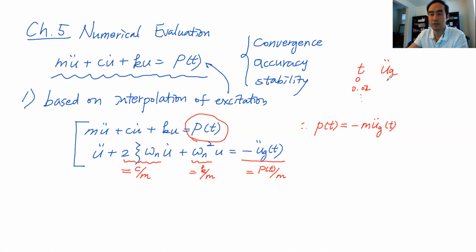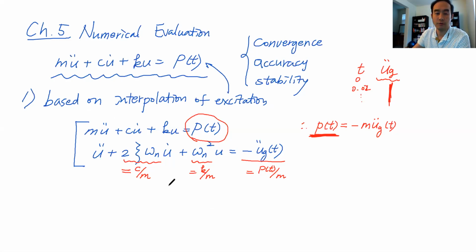Sometimes this is in g, sometimes in centimeters per square second. Anyway, this is the ground acceleration. So how can we have the P of t, the excitation? Well, minus mass times whatever ground motion record is here, that will be equivalent to P of t. All right, so the first approximation under numerical evaluation is we apply this approximation onto the excitation function.